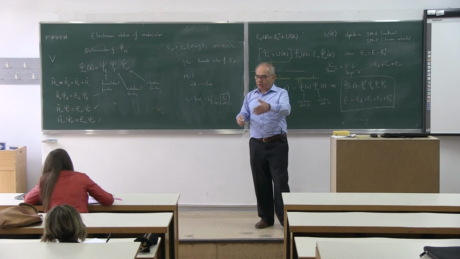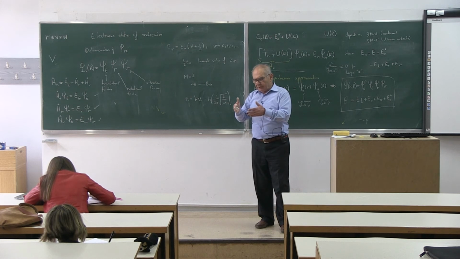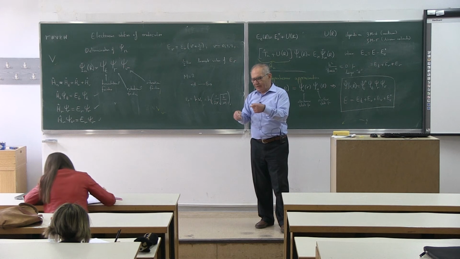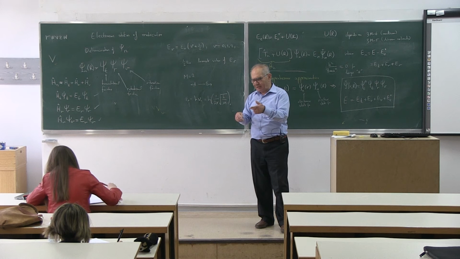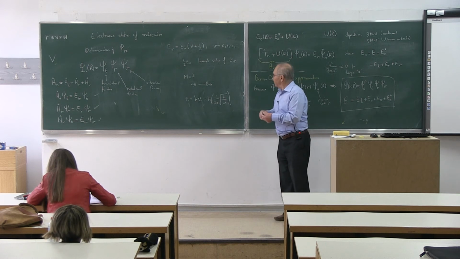For polyatomic molecules, whether linear or nonlinear, there are more than one vibrations. And as we said, if the molecule is linear, we have 3m minus 5 vibrations. And if it is nonlinear, there are 3 times m minus 6 vibrations.